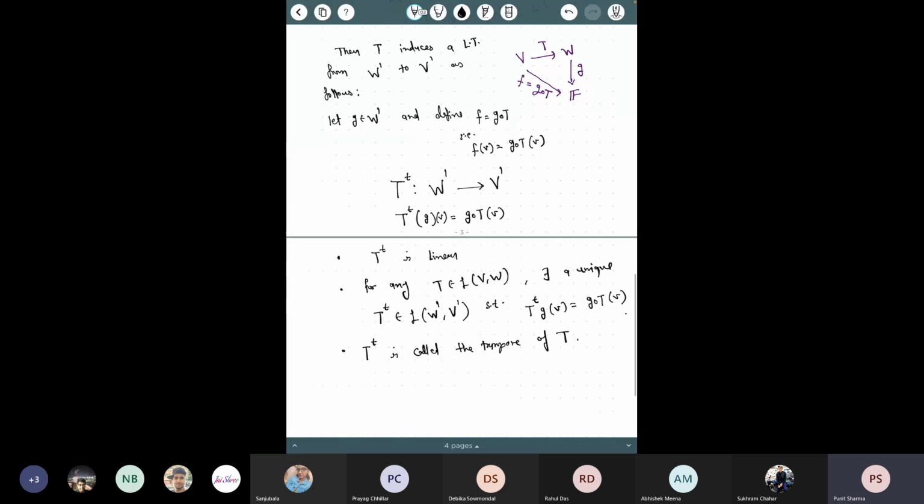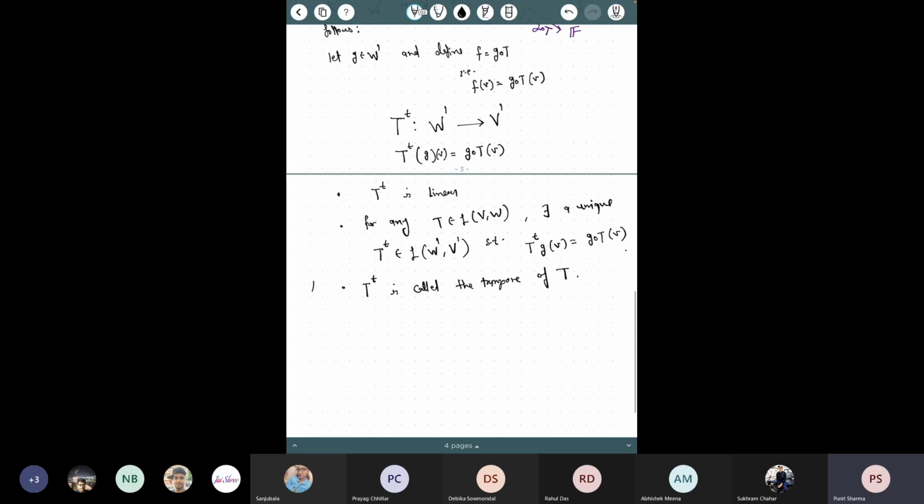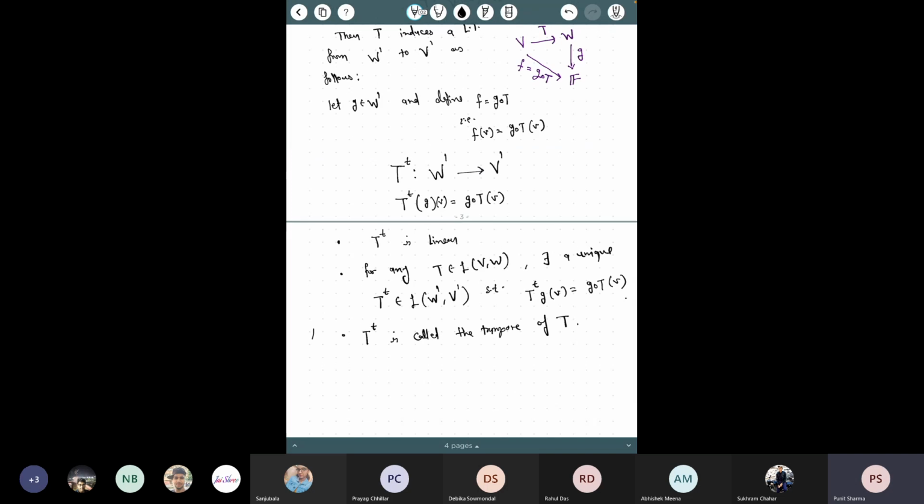Now for this transpose, the transpose is a linear transformation from W dash to V dash.